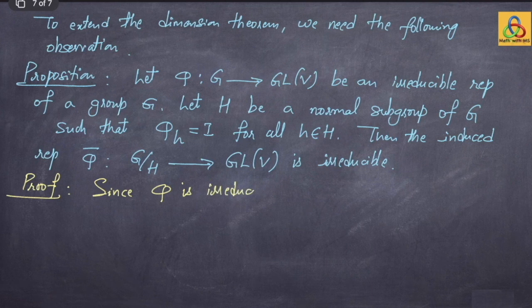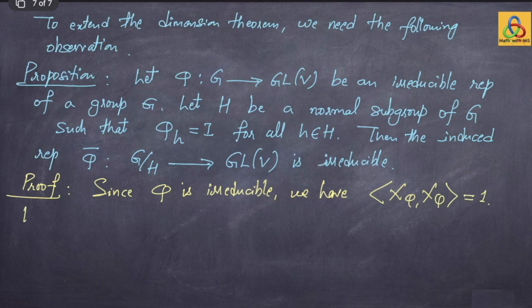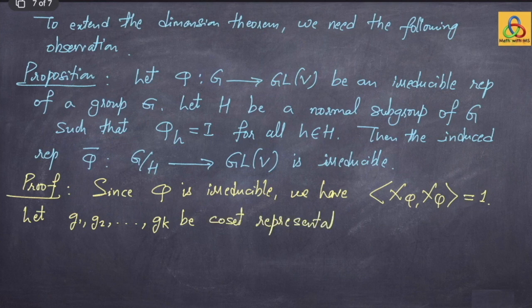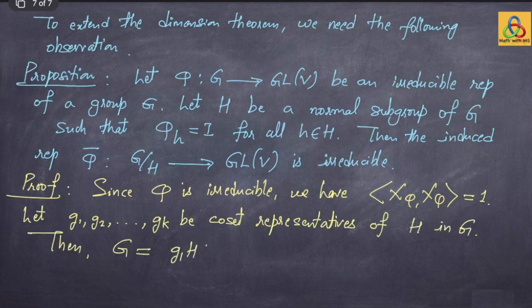So let us prove it. Since phi is irreducible, by the irreducibility criterion, we have the inner product of chi phi with itself is 1. Let us enumerate the coset representatives of H in G. Let us say g1, g2, and so on, gk be coset representatives of H in G. Then we know that G is a union of cosets, so G can be written as g1H union g2H, and so on, gkH.